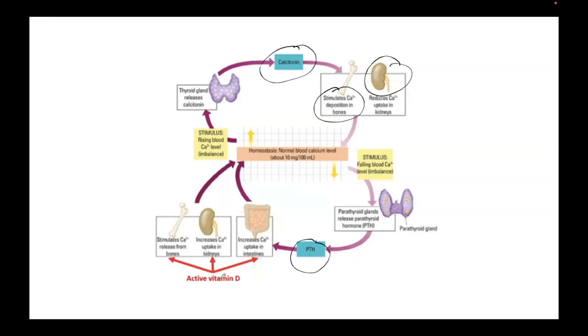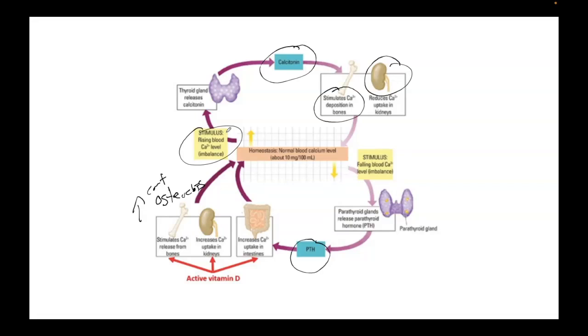And we're going to stimulate the calcium release from the bone. We're going to break down bone using osteoclasts. The osteoclasts will break down the calcium in the bone to increase the amount of calcium, raising the calcium levels.